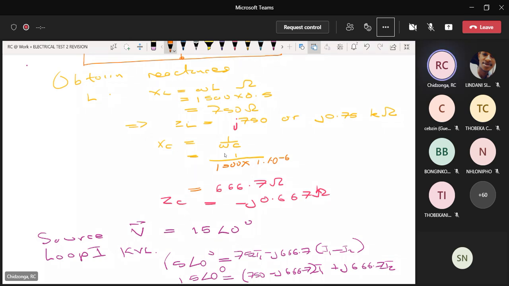And if you work that out, it gives you a capacitive reactance of 666.7 ohms or capacitive impedance of minus j0.667 or minus j666.7 ohms. So those are your two reactances.